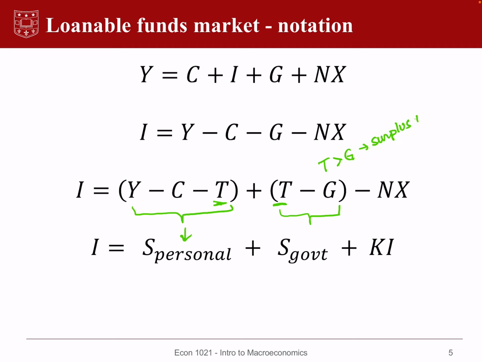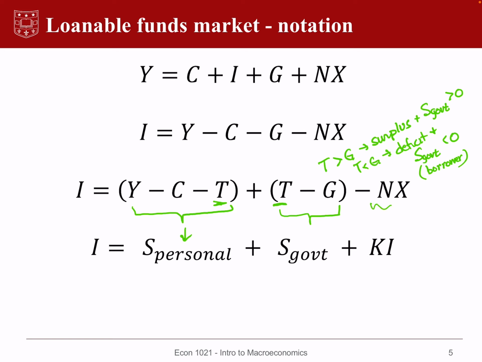Government has a surplus, and S by the government is greater than 0. And if T is less than G, then we would see deficits, and savings by the government is less than 0, and the government would be a net borrower or a debtor, like we have now.